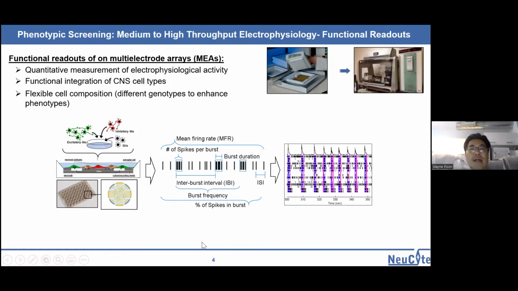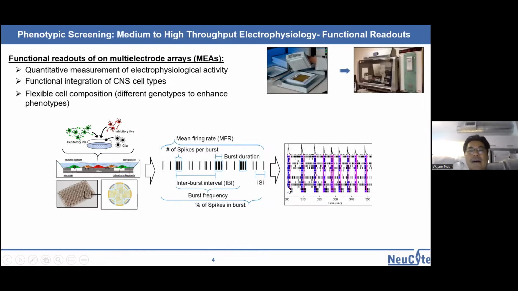So one of the platforms that NeuCyte has developed is using electrophysiology, and specifically using microelectrode arrays, where we plate the brain cells on a dish that has 16 electrodes per well, and then over time the brain cells, which include the neurons, will develop and then spontaneously fire.